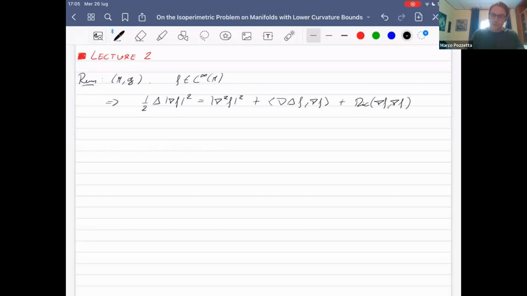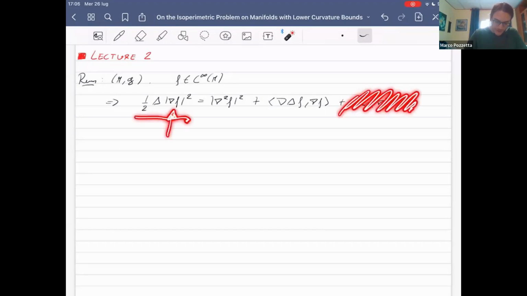If you have never seen this identity, what's going on here is the following. Forget about the last term. If you try to compute, for example, 1/2 Laplacian of the gradient squared of a function on R^n, you just get this differential identity. There's nothing deep behind.